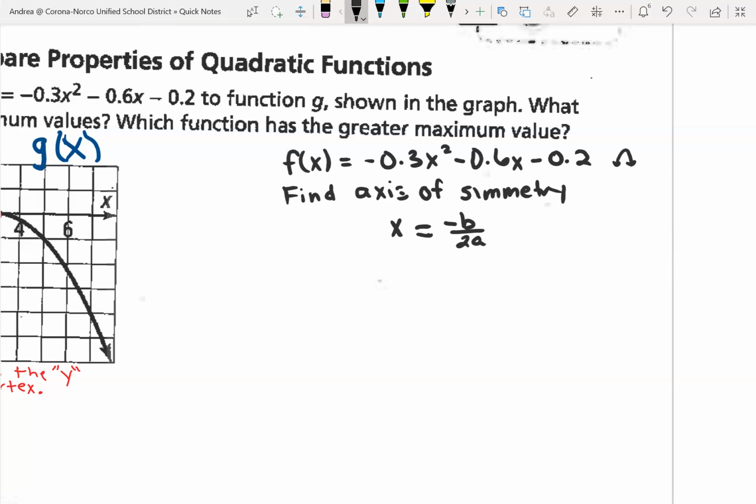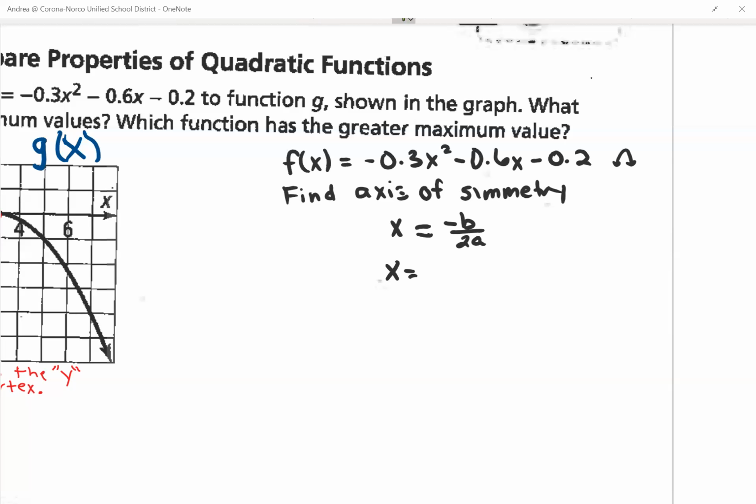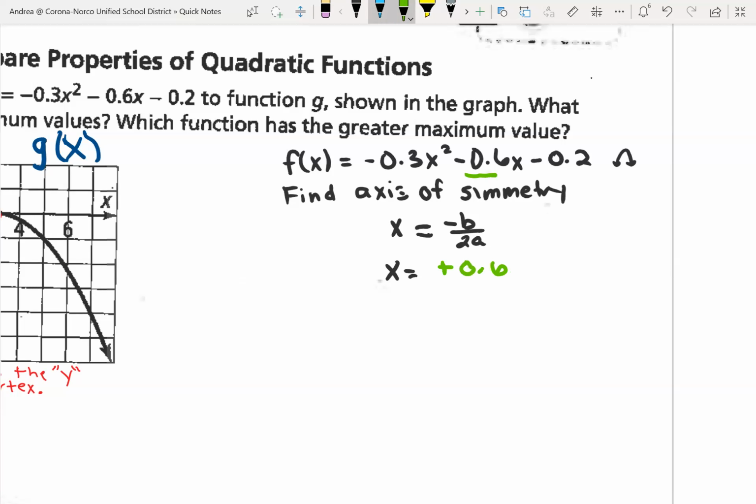Okay, so that gives me x equals, my negative b is right here. When I plug a negative 0.6 into a negative b, it makes it a positive 0.6, divided by 2 times the a value, which is negative 0.3. 0.6 divided by 2 times negative 0.3.